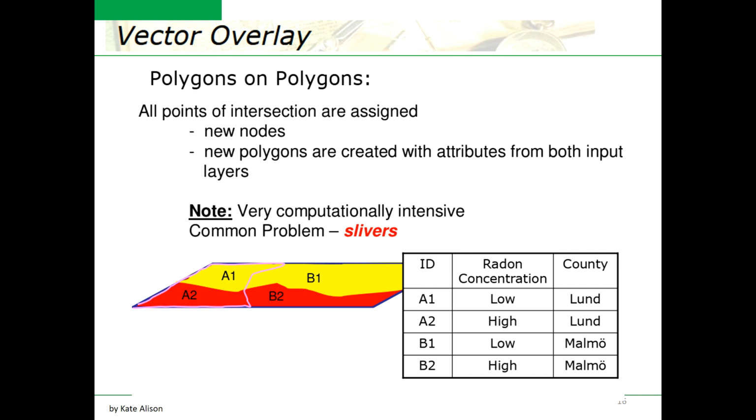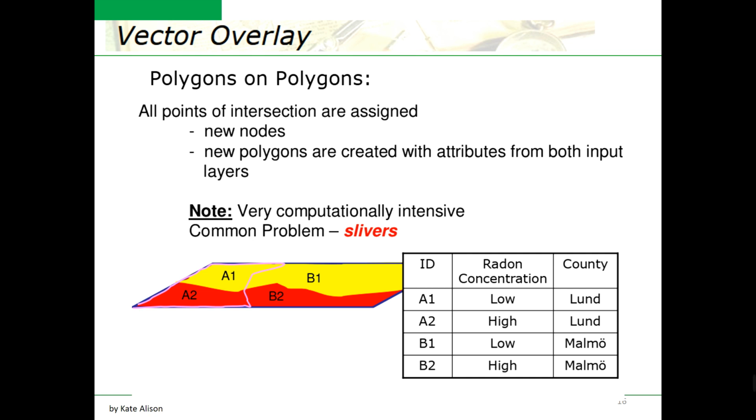As you can see, as a result, we have a layer which has 4 polygons instead of 2, and each of these polygons stands for the overlap between polygons from both layers and has attributes of both previous polygons.